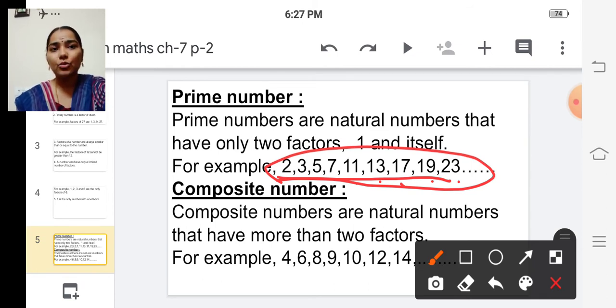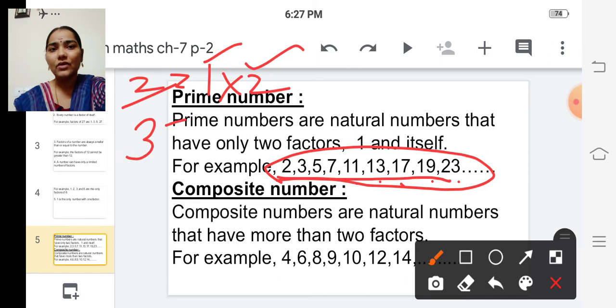If we take 2, then 2 can be written as 1 into 2. So 1 and 2 are the only factors of 2. If we take 3, 3 can be written as 1 into 3. So 1 and 3 are the only factors of 3. If we take 5, 1 into 5.